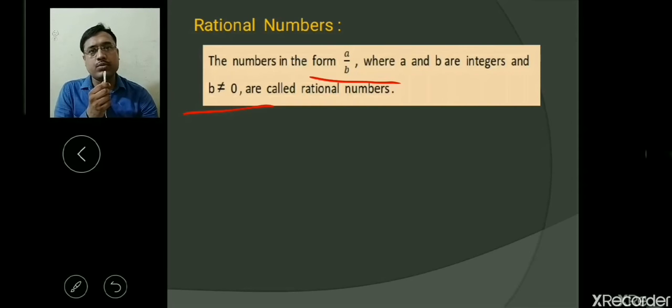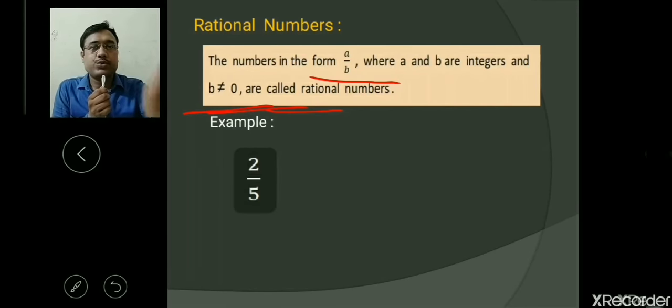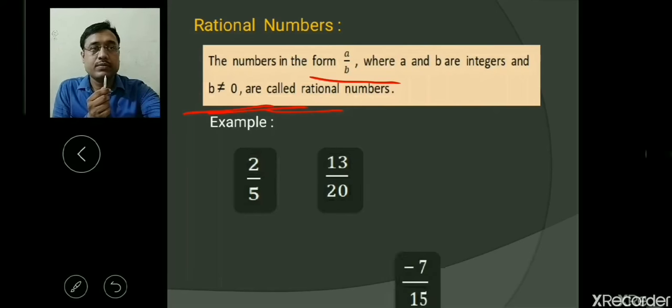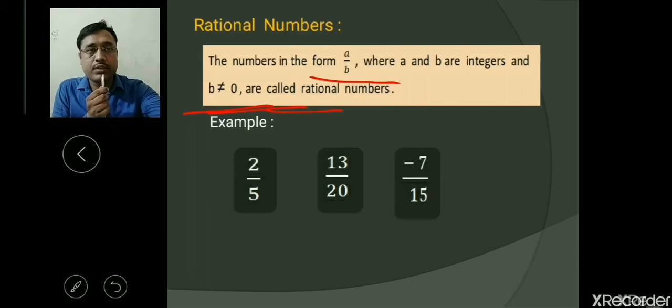The numerator can be equal to 0, but the denominator in any rational number is never 0. For example, 2 by 5, 13 by 20, minus 7 by 15, 3 by minus 7, these all are rational numbers.